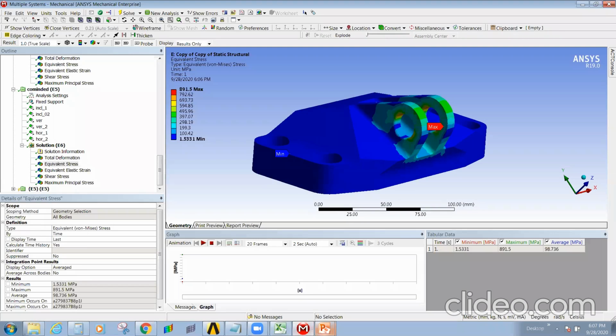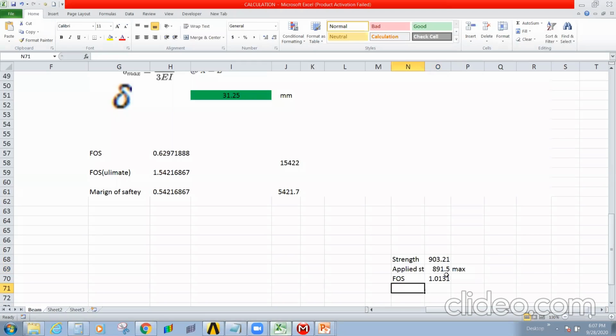So for this I'm calculating 903.21 divided by 891.5. I'm getting a factor of safety of 1. That means it is passed. But your margin of safety is just the value minus 1. So we say this is a pass, but it has very little margin.